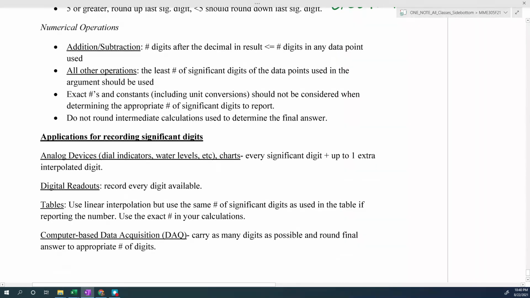For tables, if you're reading a value between two values in a table, you'd use linear interpolation, but use the same number of significant digits as used in the table for reporting the number. You use the exact number in your calculations. And the last is computer-based data acquisition: just carry out as many digits as possible and round the final answer to the appropriate number of digits.